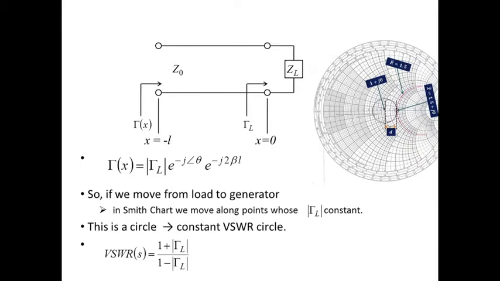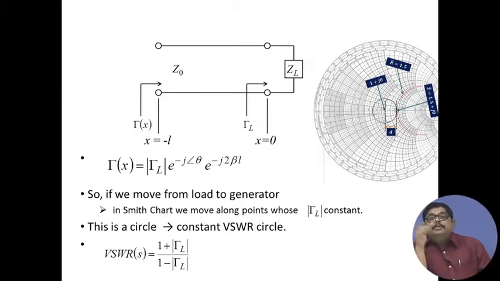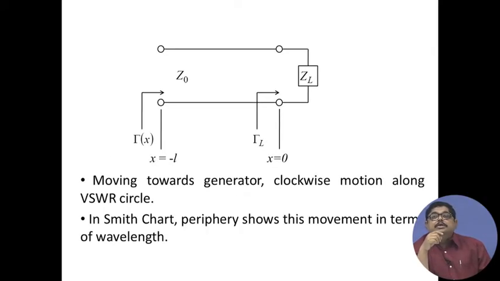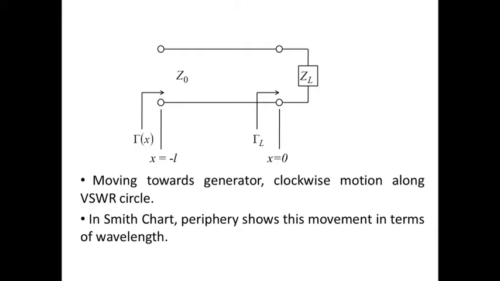Why? Because you see the phase of the first equation, gamma x is equal to something, what is changing is e to the power minus j 2 beta L. So, a negative angle, that means I am moving in the clockwise direction. So, moving towards the generator, clockwise motion along the VSWR circle.